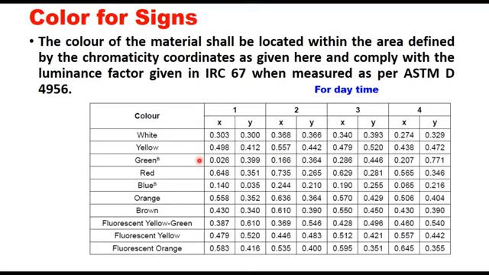In other words, you can guarantee that your orange sign will be true orange and green will be true green. A similar table is available in IRC 67 2022 for nighttime color specification limits also.